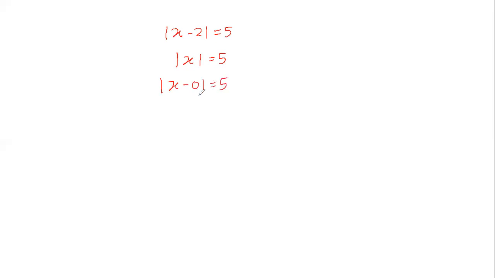Now, this minus 0 is so insignificant, we don't even bother to write it. But when we try to decode, it's actually distance of x from 0 is 5. So you see, this minus 0 is there, but we actually do not write it because it does not have any significance.